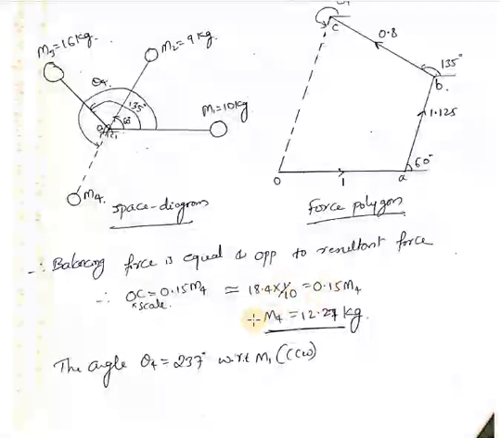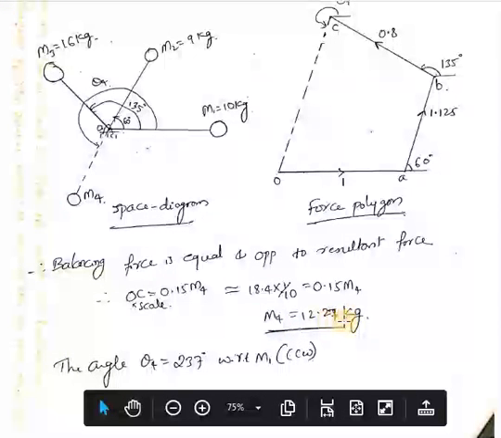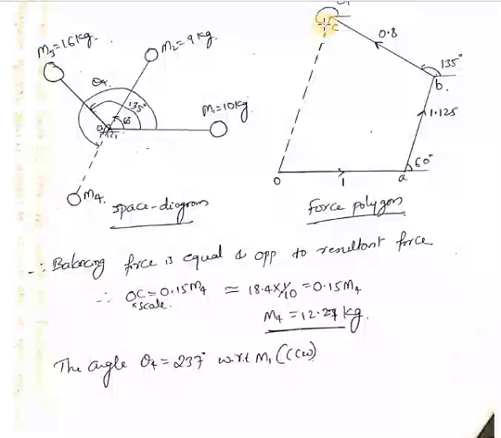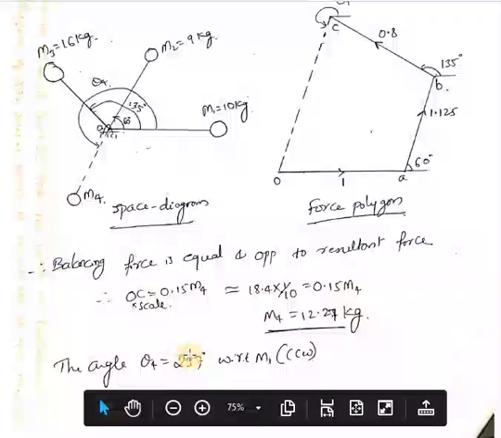From this we'll get the fourth mass M4 as 12.27 kg. And from this graph you can measure the angle in counterclockwise direction. So once you measure that angle, the angle will be 237 degree with respect to M1, that is counterclockwise direction.